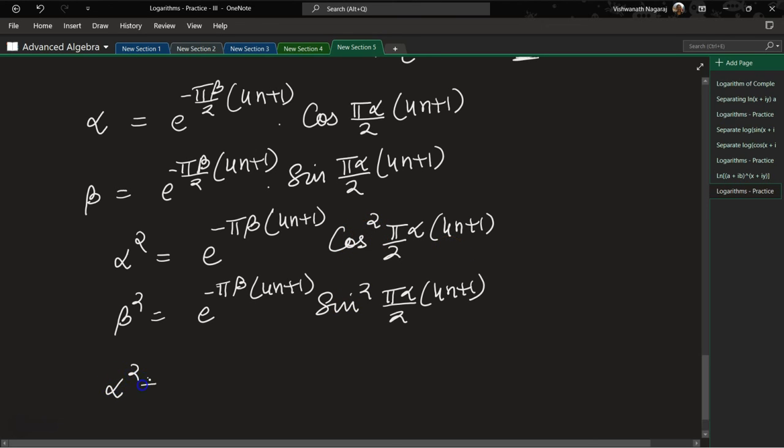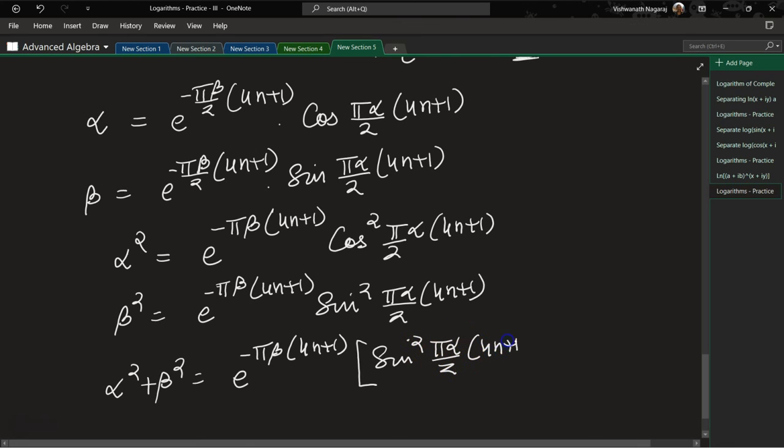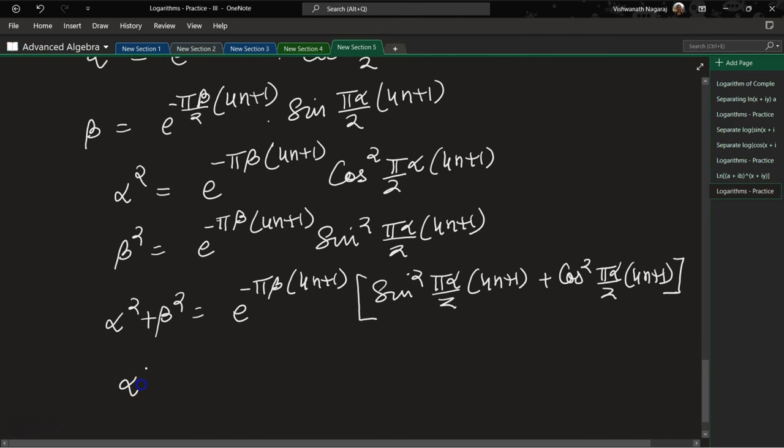So alpha square plus beta square is equal to e to the power of minus pi beta 4n plus 1, which is common to both. And here we will end up with sine square pi alpha by 2 4n plus 1 plus cos square pi alpha by 2 4n plus 1. So we end up with alpha square plus beta square is equal to e to the power of minus pi beta 4n plus 1. This becomes 1.